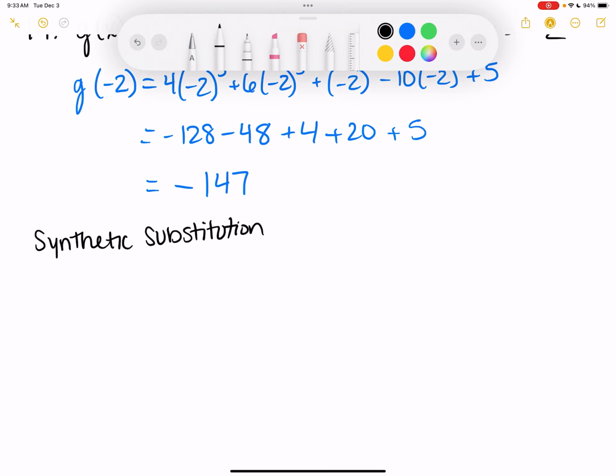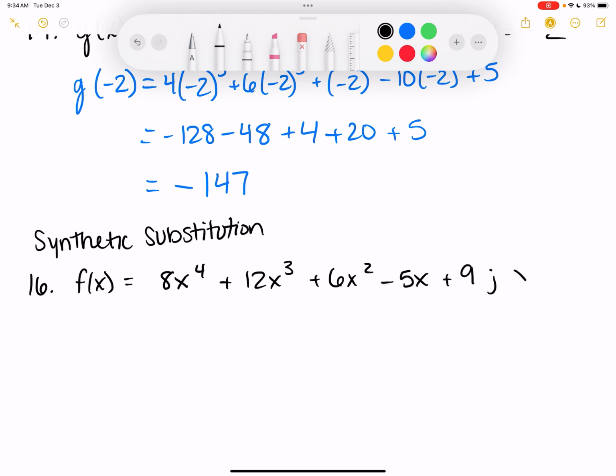All right, so number 16, f of x equals 8x to the 4th plus 12x cubed plus 6x squared minus 5x plus 9, and x equals negative 2. In the box, we're going to make a little box up here, and the number that they give us for x goes in that box.